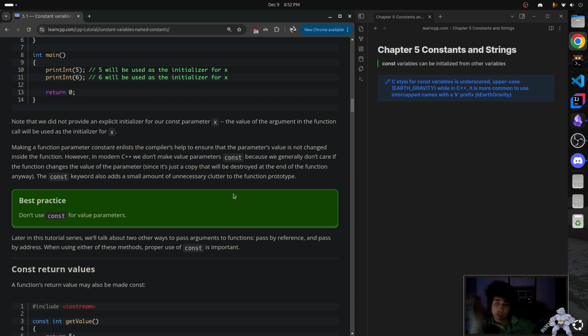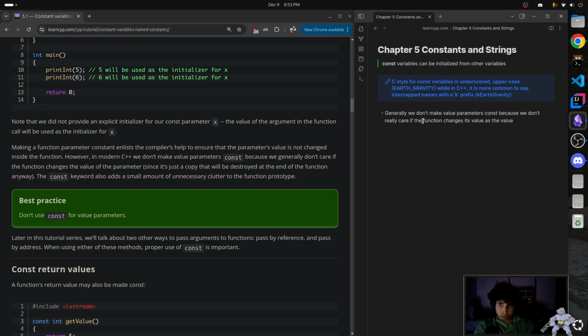We don't. Okay, that's interesting. All right, generally, don't use const for value parameters.